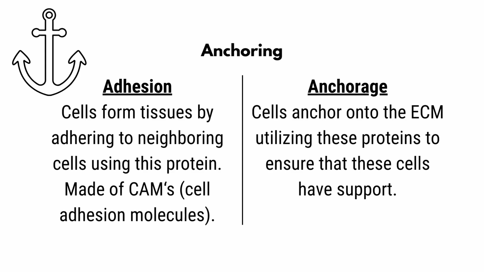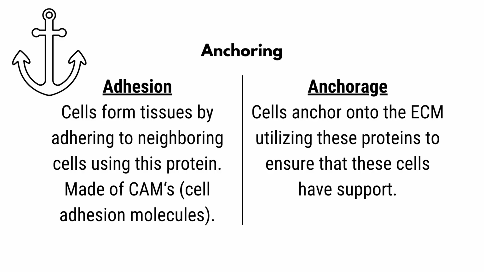And now let's get into the anchoring and positioning proteins that can help the cell. First, we have the adhesion type of proteins, which are the ones that allow cells to form tissues. If you remember, tissues are made up of a group of cells specialized to do the same task. So through these adhesion proteins, cells are able to form tissues by adhering to neighboring cells.